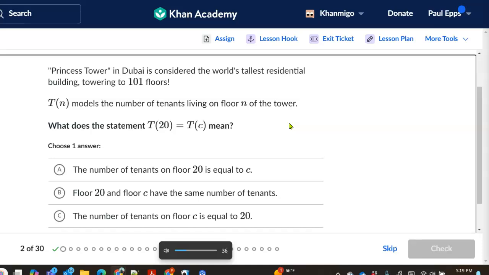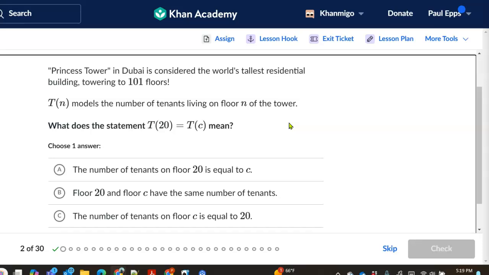That's probably fine. Princess Tower in Dubai is considered the world's tallest residential building. 101 floors. Whew. T of n models the number of tenants living on floor n of the tower.